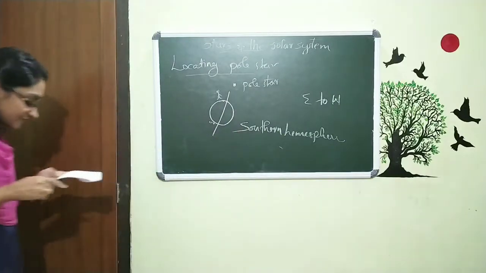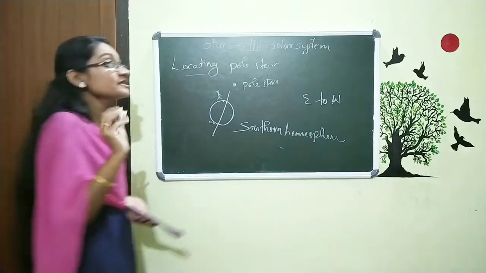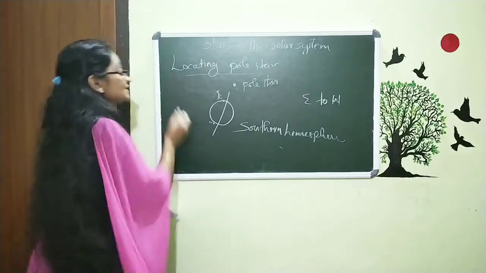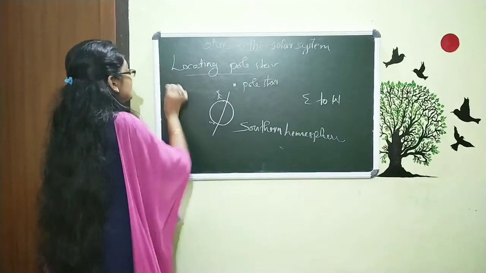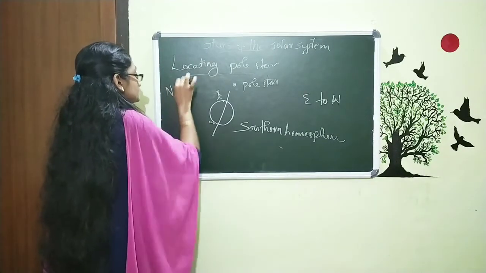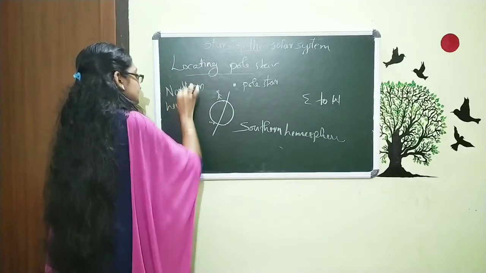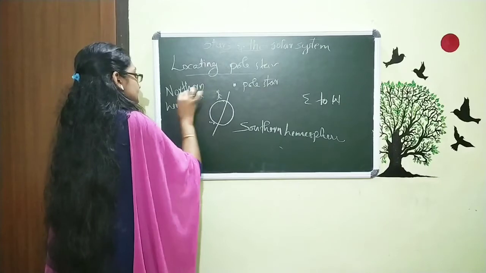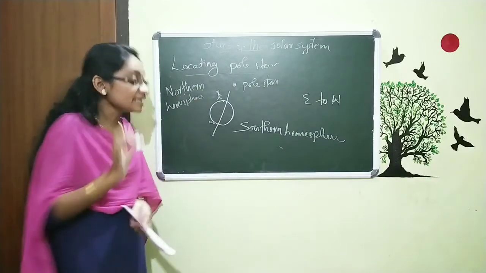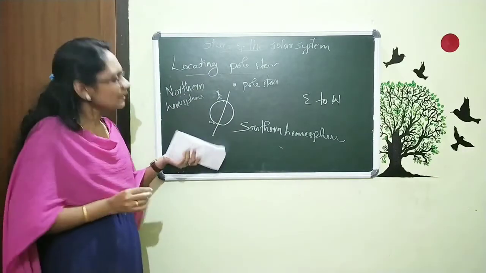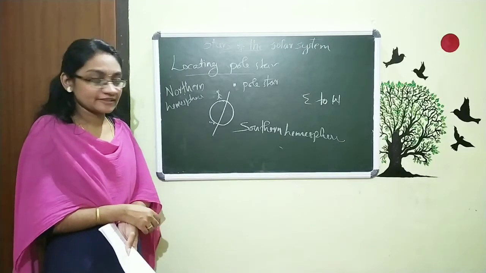The next point is this: some of the stars that are located in the northern hemisphere are unable to be seen from some points of the southern hemisphere.